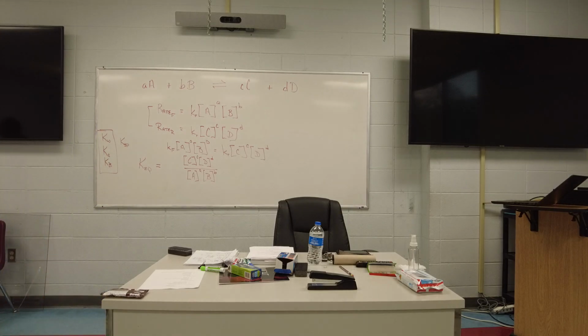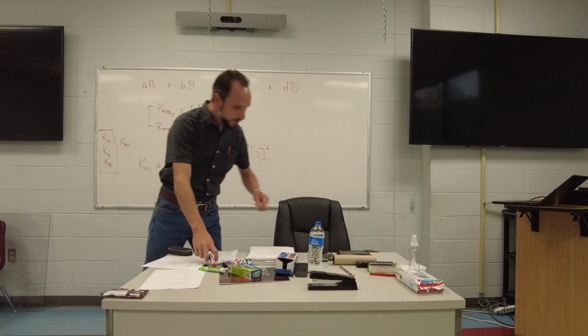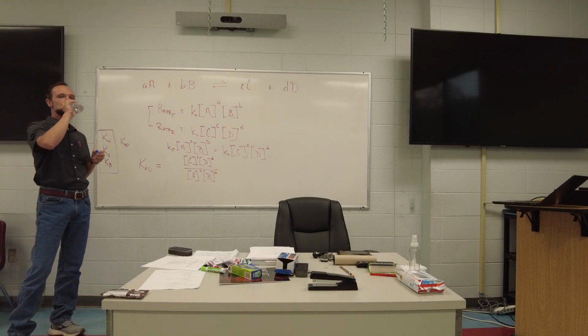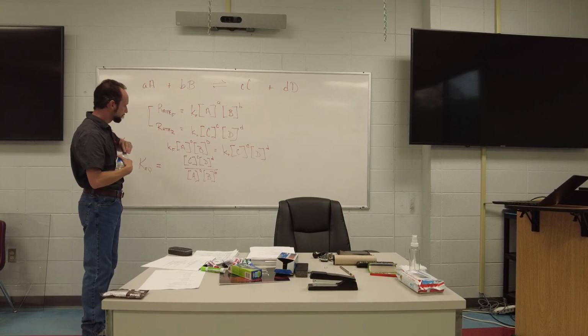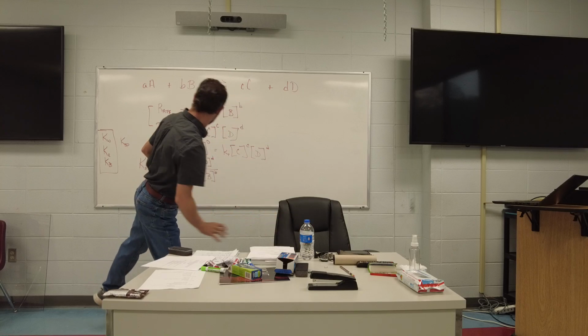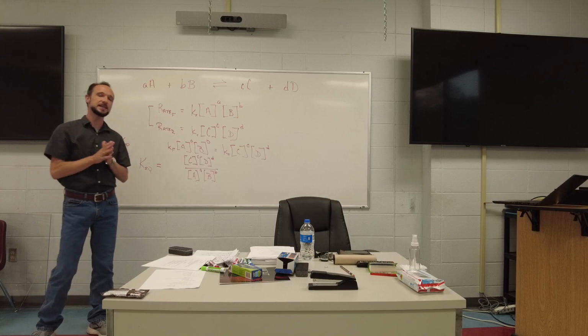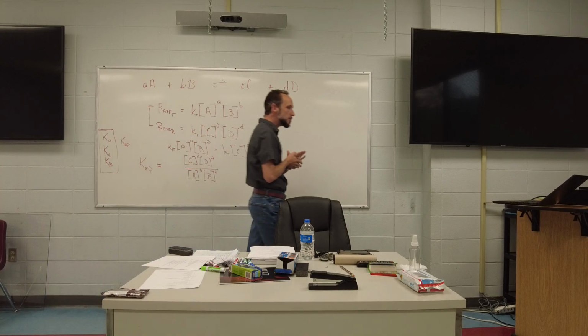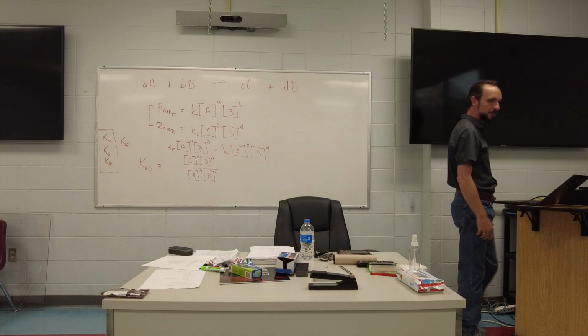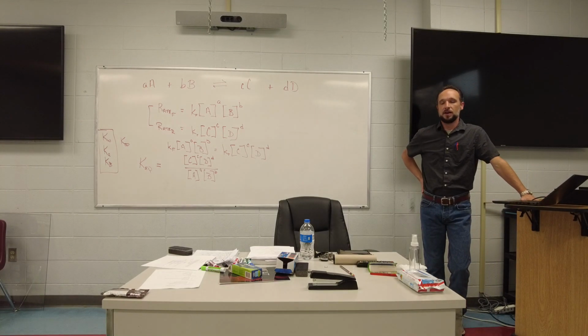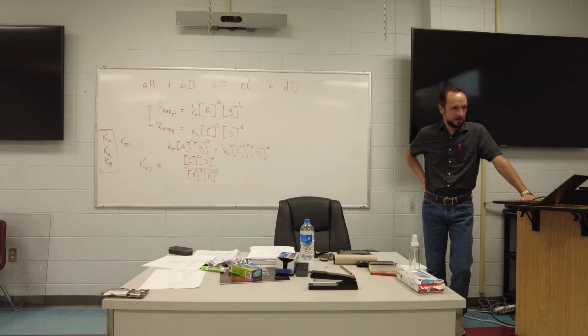Why, when you put Kf over Kr, why the ratio? So Kf is equal to A and B, and Kr is equal in the reverse. Let me phrase it this way. Part of it is basic axiomatic definition. We could have developed it with the flip side, Kr to K forward, but it would have reversed everything in the interpretation.